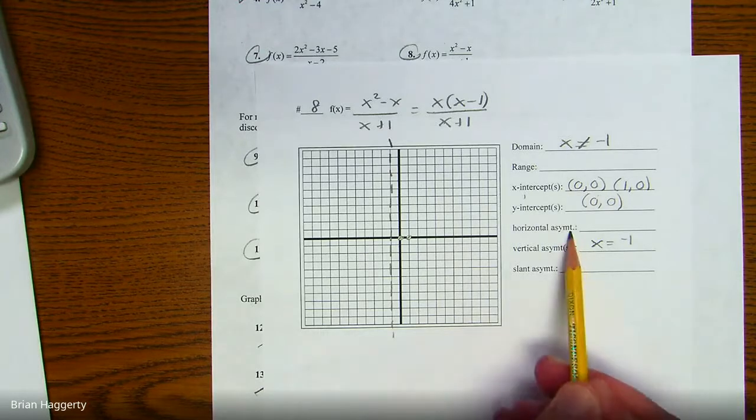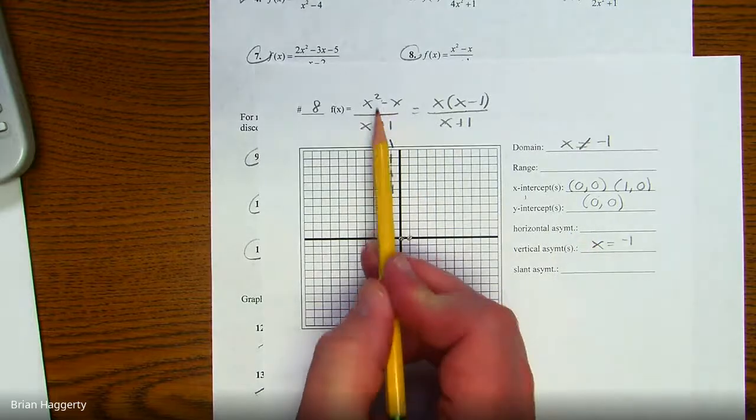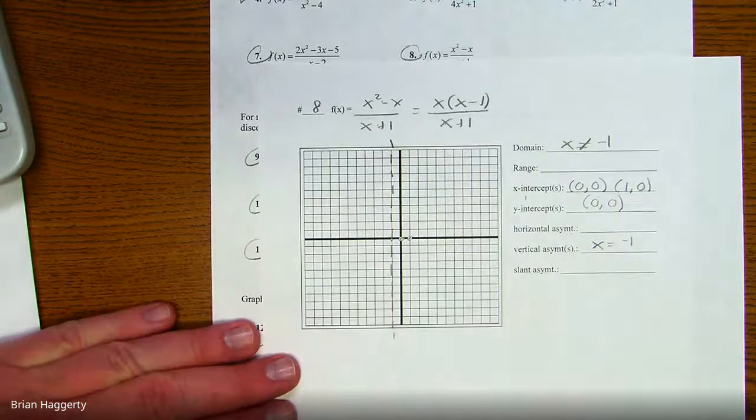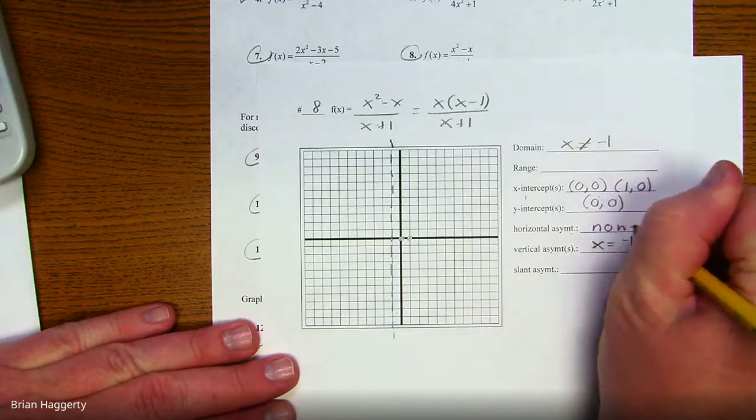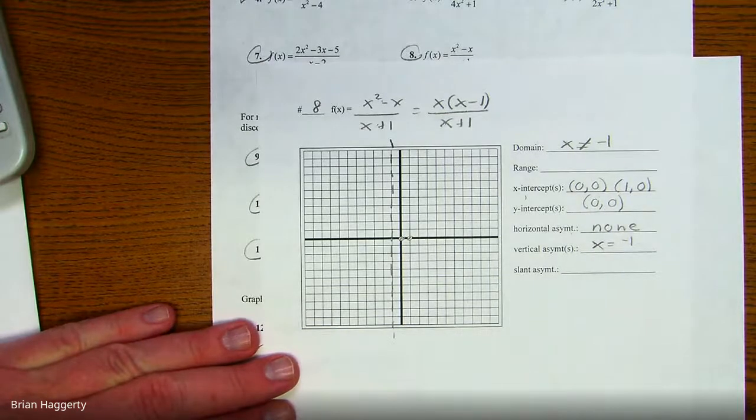All right, for the horizontal asymptote, the degree of the top is bigger than the degree of the bottom. Top is bigger than the bottom, there is no horizontal asymptote.